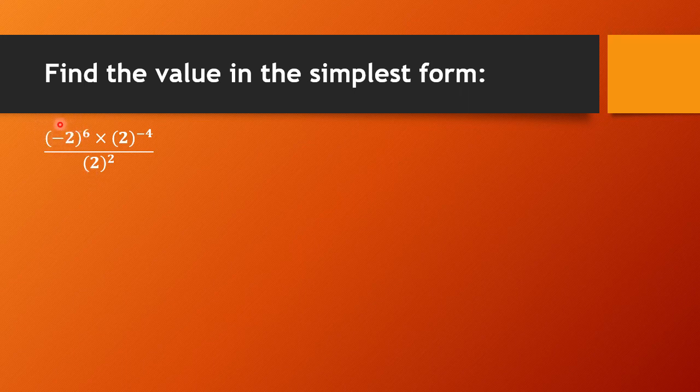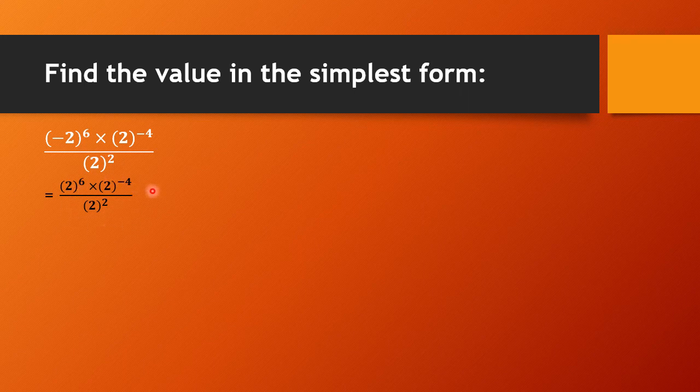I want to make it positive like these bases. How? I will see the power. Is the power here even or odd? Yes, an even number. So when the power is even, I will remove the negative sign. It will be 2 power 6 times 2 power negative 4 over 2 power 2.